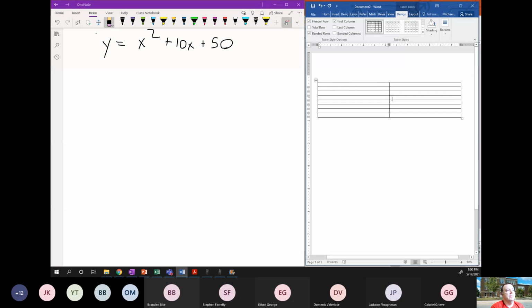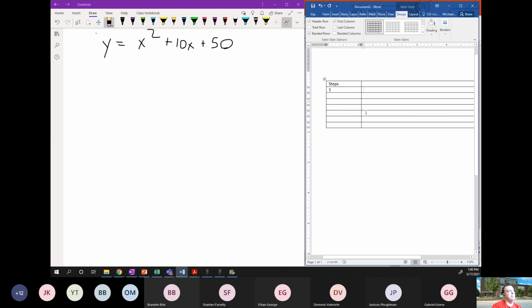All right. I'll write down my steps as I do it. And zoom in here. So step 1 would be to divide the b value by 2 and then square.